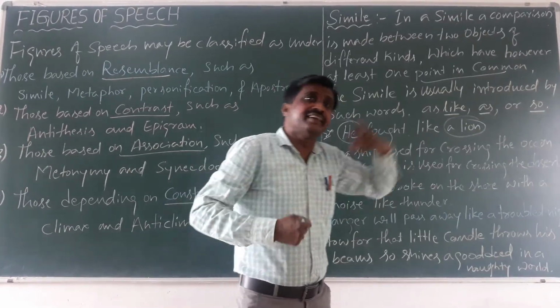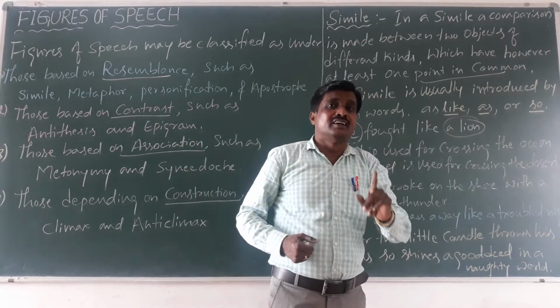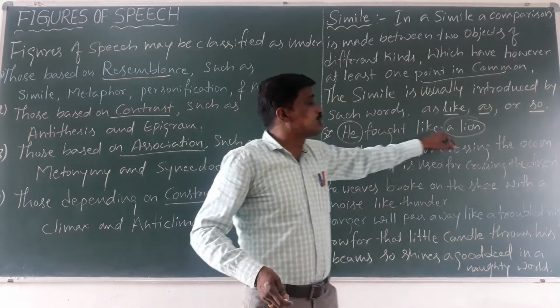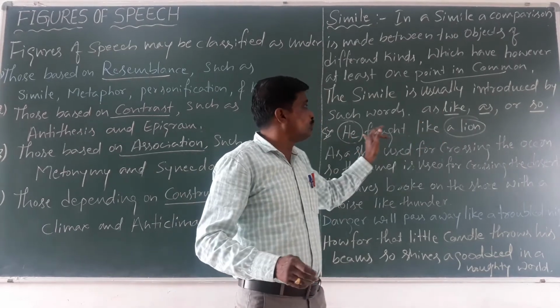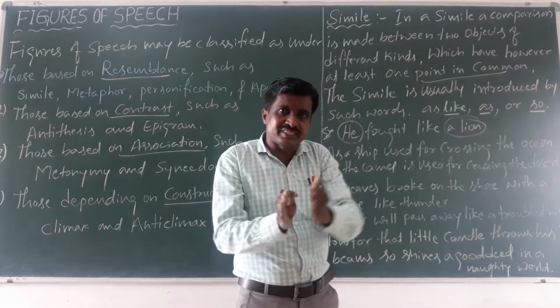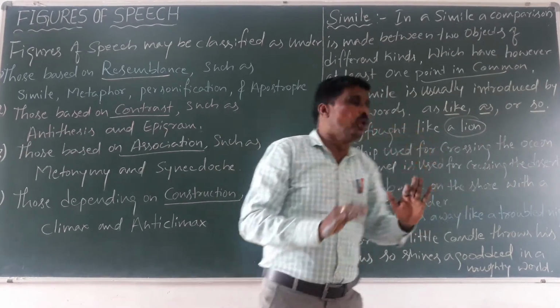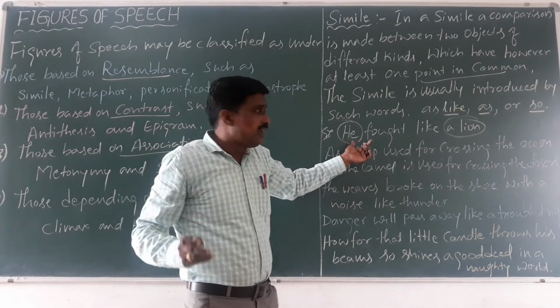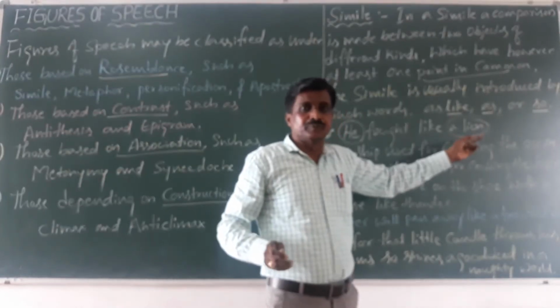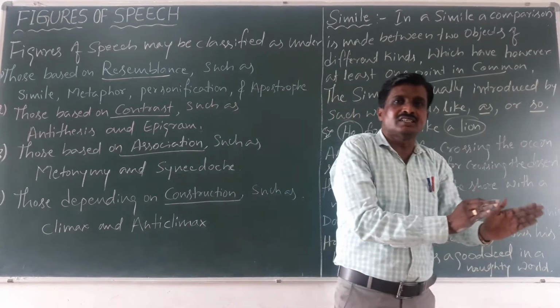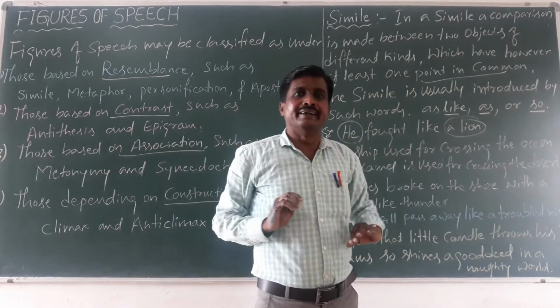He fought like a lion. But after the comparison, these two objects keep their separate identity. They do not make a whole. He is separate and a lion is separate.